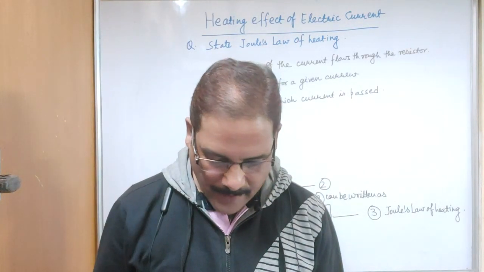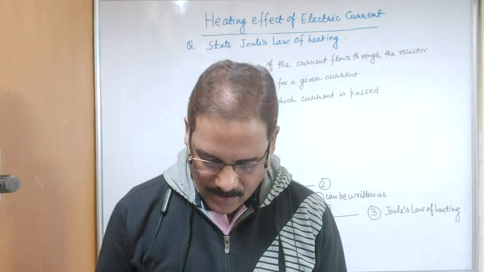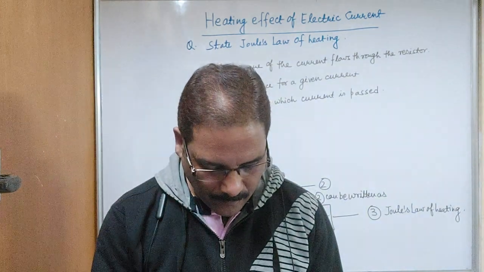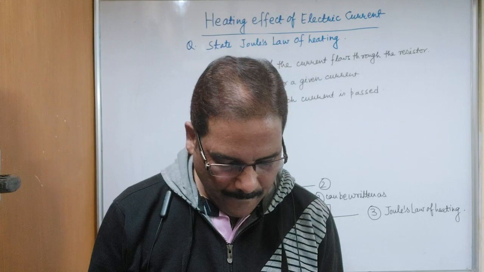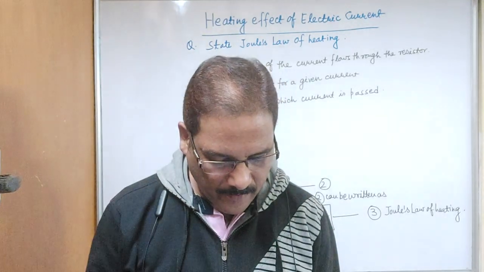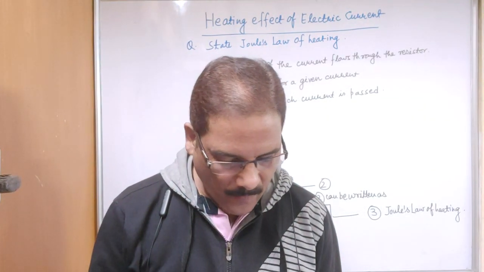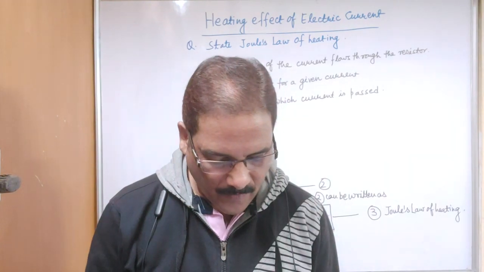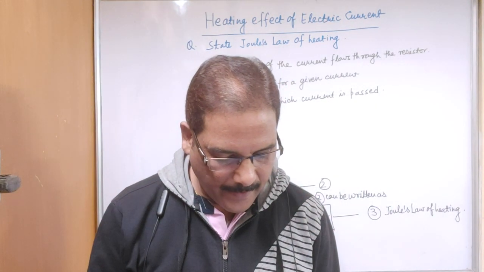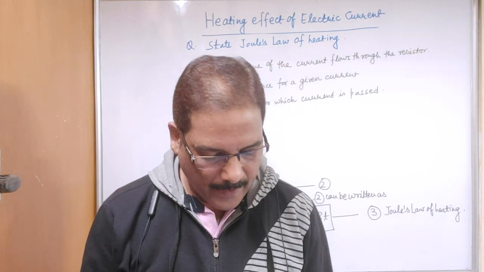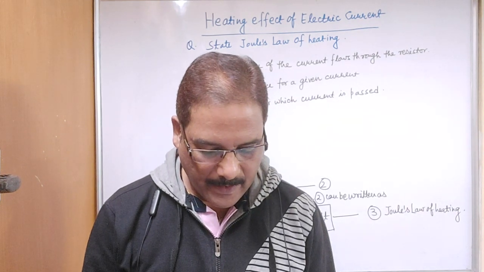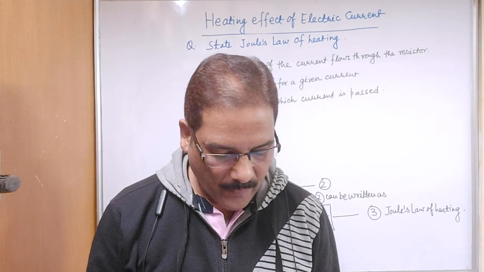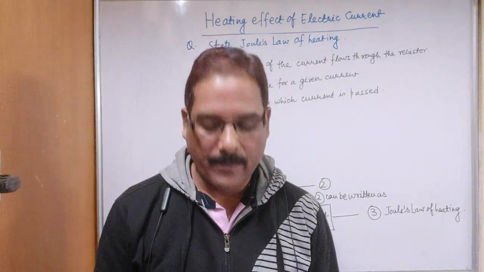Now we have a lot of numericals based on it. I have also given questions in homework. Question number 4 and 5 are very important. And 3 also I have given, the advantage of connecting electrical devices in parallel with the battery instead of connecting them in series.